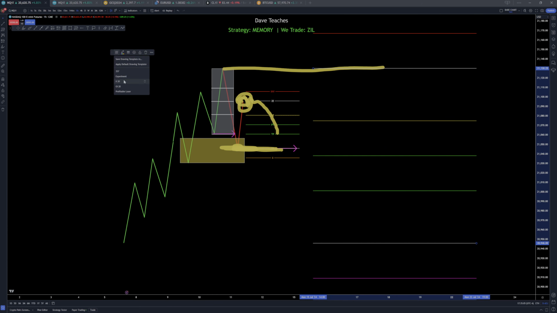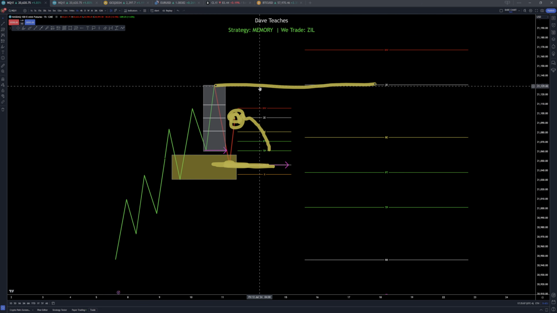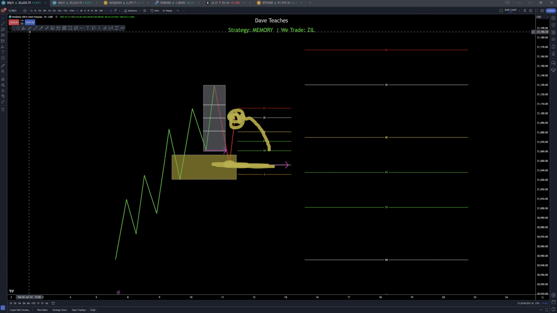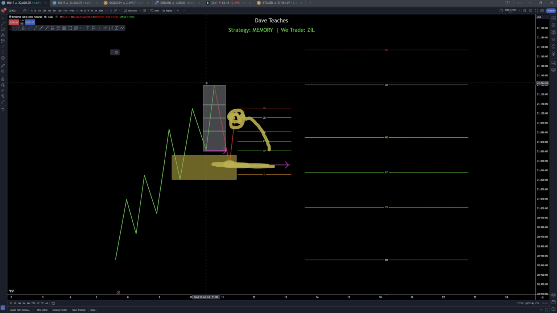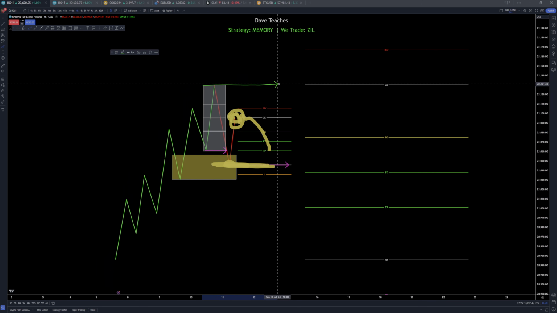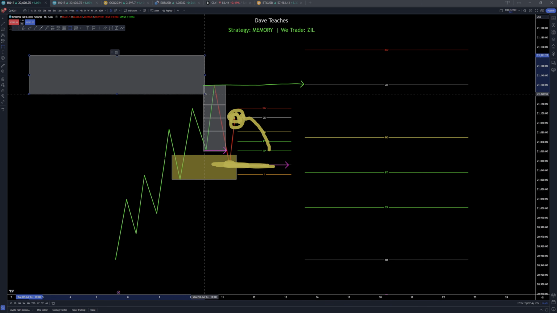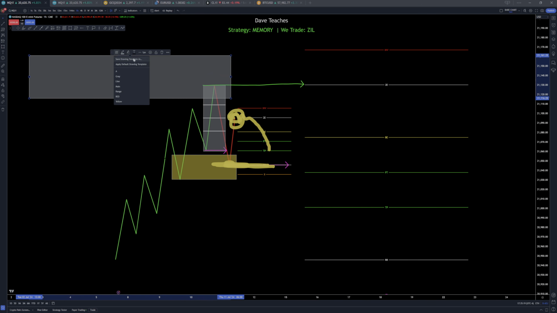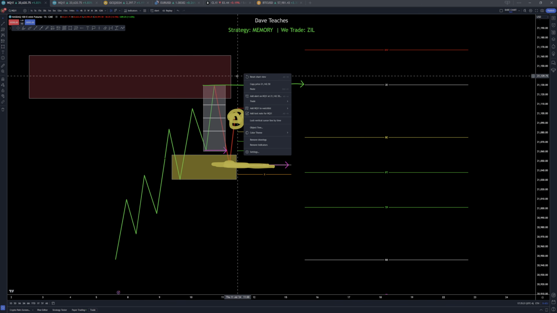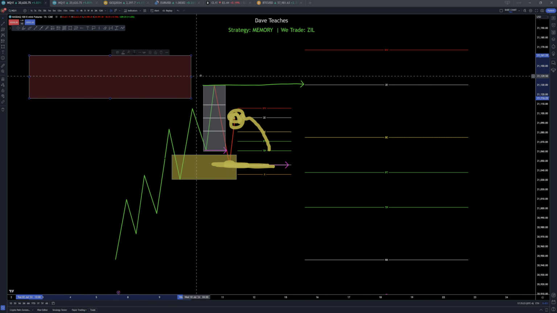So what we have here is this is where the trend originally hit the higher time frame POI or something back there. Let's say it hit something back there, hit the higher time frame POI.